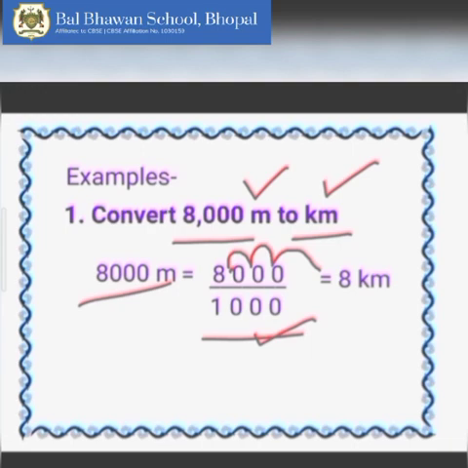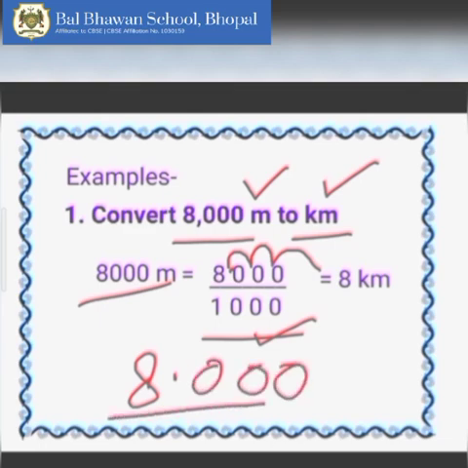So after putting the decimal, we get the answer 8.000, that is 8 kilometers. So after converting 8000 meters to kilometers, we get the answer 8 kilometers.